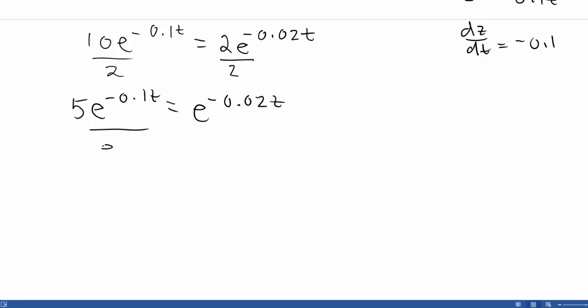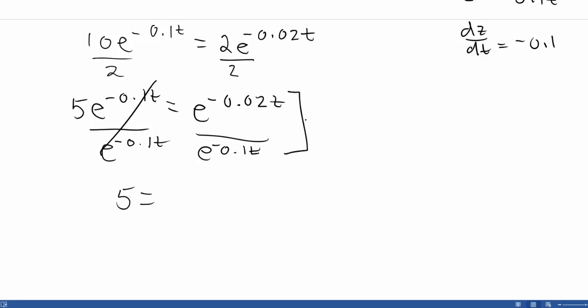Now, I'm going to divide both sides by this e term, e to the negative 0.1t and e to the negative 0.1t. On the left, it will cancel, leaving me with just a 5. Now, on the right, I need to use an algebra rule. If you have the ratio of two functions that have the same base, which I have here, then I can subtract their powers and write them with a single base.